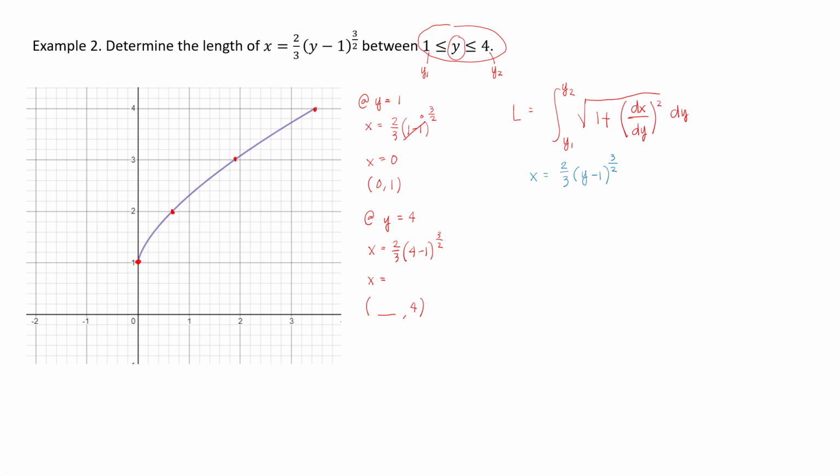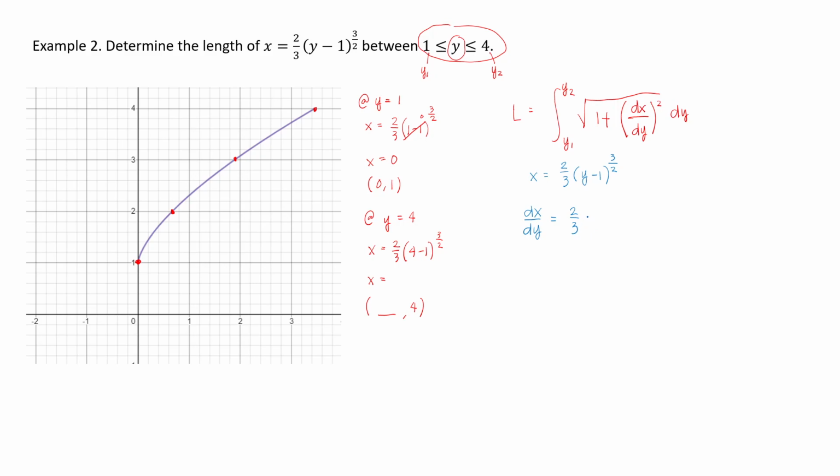So x should be isolated, right? Okay, we are deriving with respect to y so we have dx over dy. So dx over dy, then deriving the right side. So 2/3, this would be chain rule, right? Constant times the whole expression of (y minus 1) to the power of 3 halves.